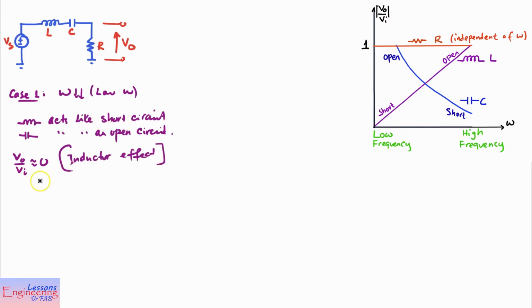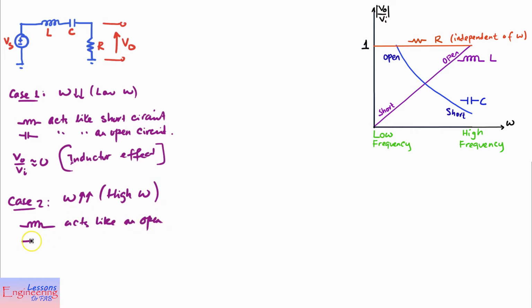Now we'll see what it means. Let's consider case 2, for high frequency. Now this effect will be reversed, which means the inductor acts like an open circuit, but the capacitor acts like a short circuit.